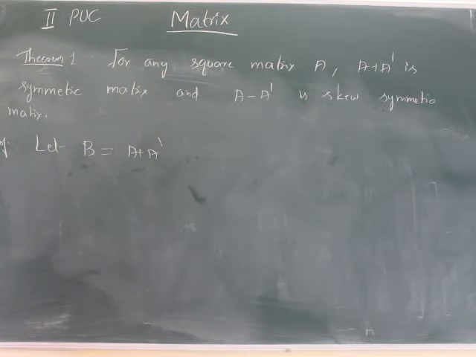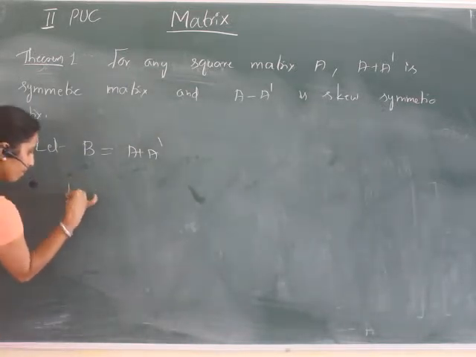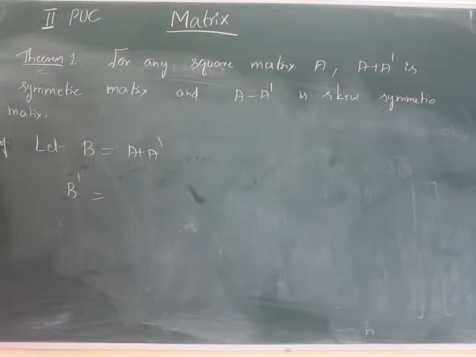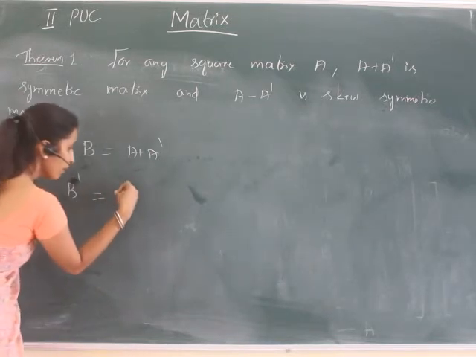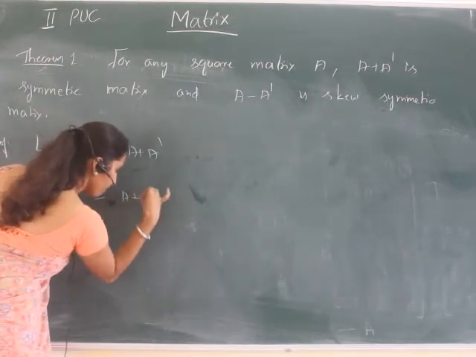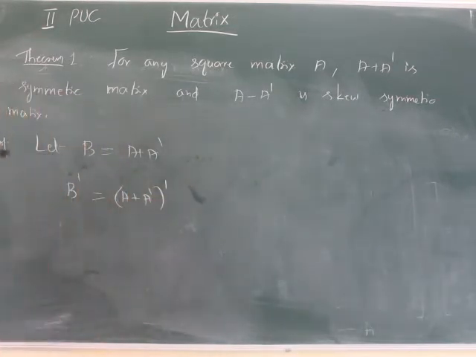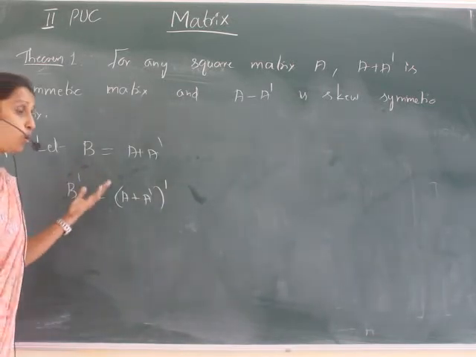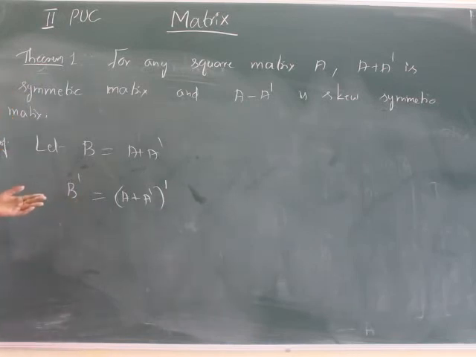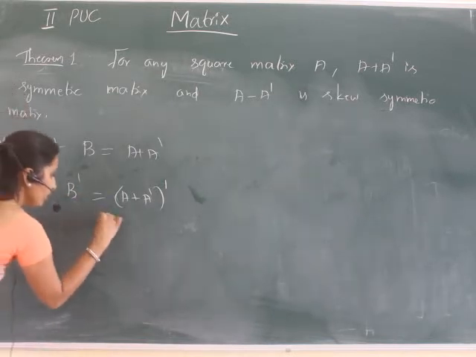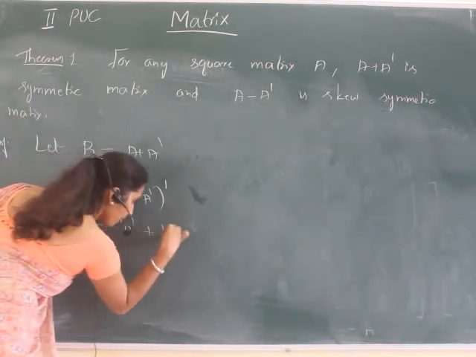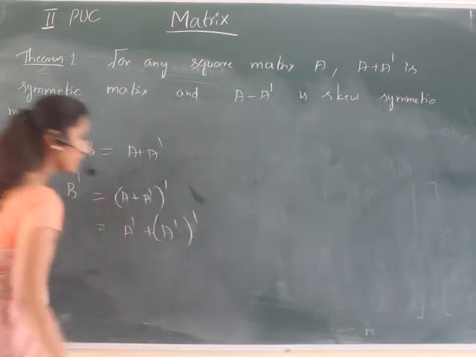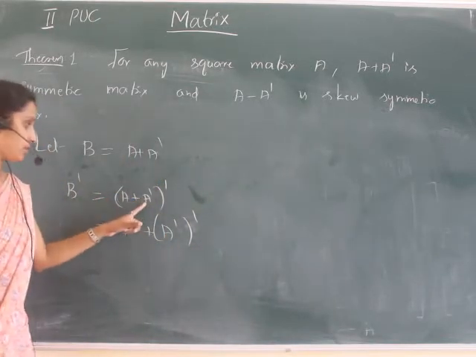So I'll take B transpose. B transpose is equal to A plus A transpose whole transpose, taking transpose on both sides. We know that A plus B whole transpose is A transpose plus B transpose, the transpose of the first one plus the transpose of the second one.